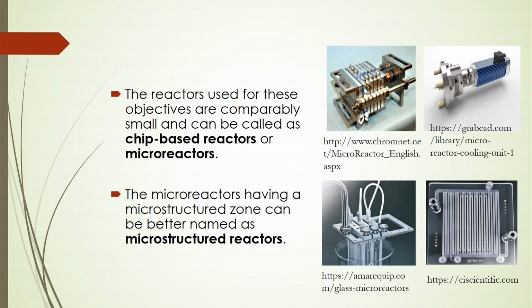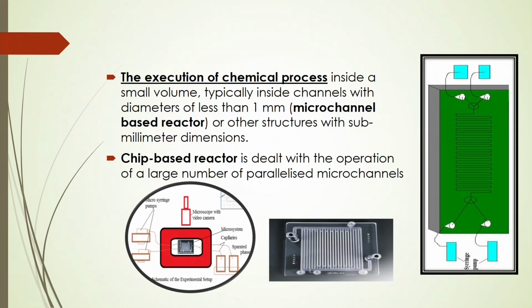And we also discussed that the reactors used for these objectives are comparatively small and can be called chip based reactors or simply microreactors. These microreactors have a microstructure zone, so they can also be referred to as microstructure reactors.